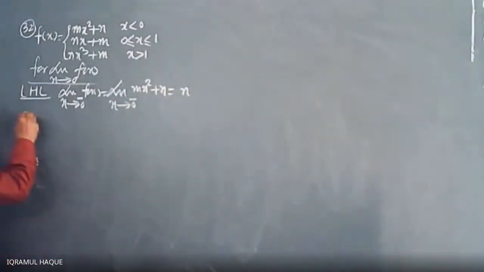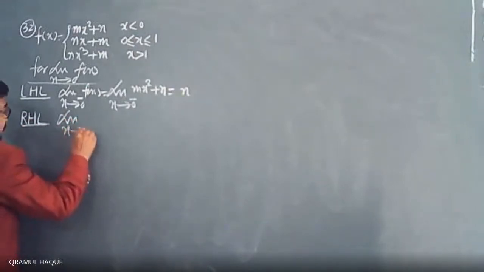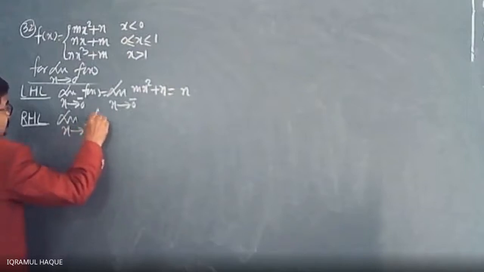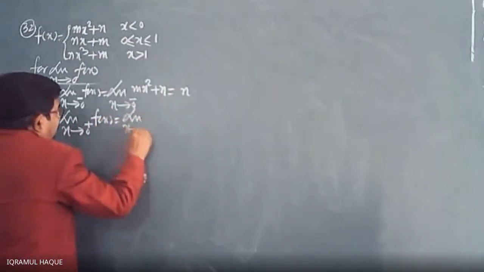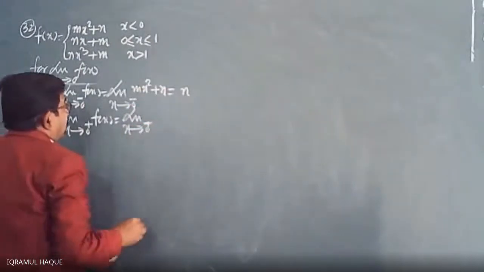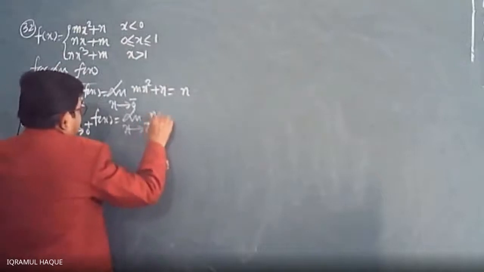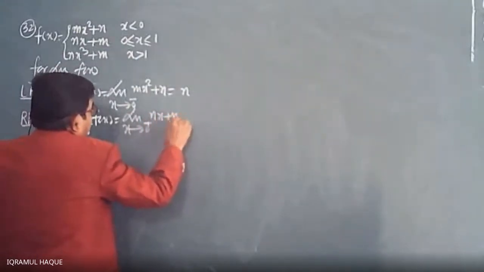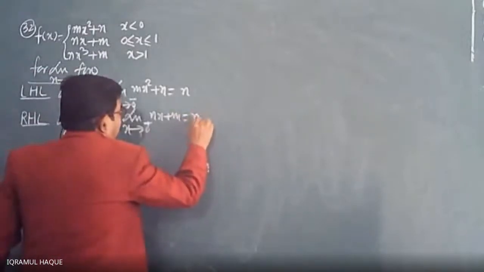Now RHL: limit x tends to 0 plus of f(x), we have nx plus m, and if you put x is equal to 0, we have m.